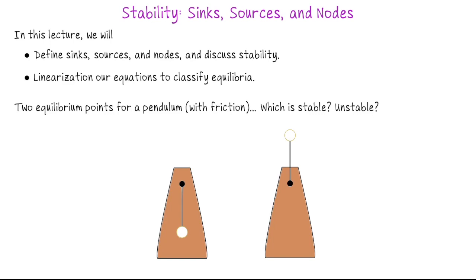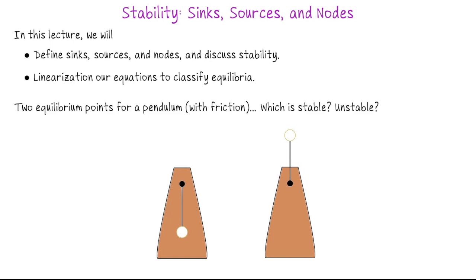So just to give you a working mental picture of what is a stable equilibrium versus an unstable equilibrium, suppose that you had two clocks and one of them was hanging straight down and the other one was in a sort of magical position with the pendulum exactly 180 degrees rotated up compared to hanging straight down.